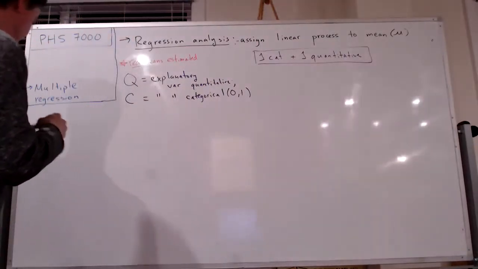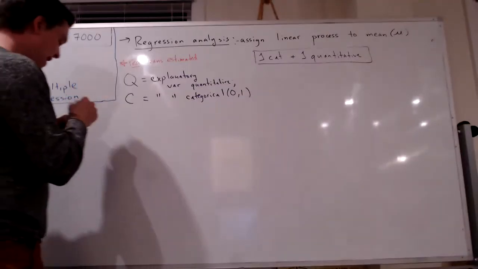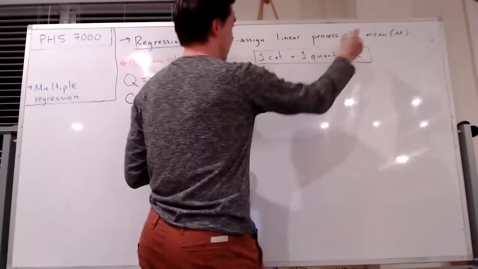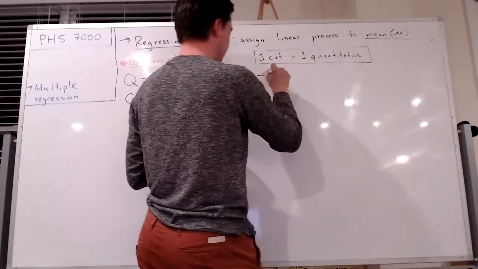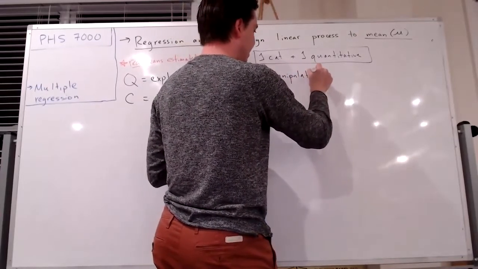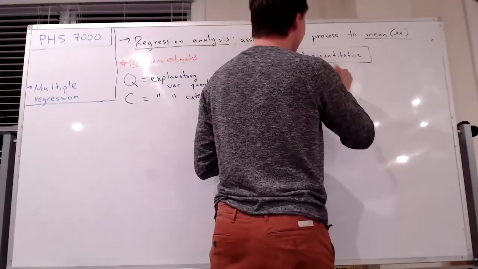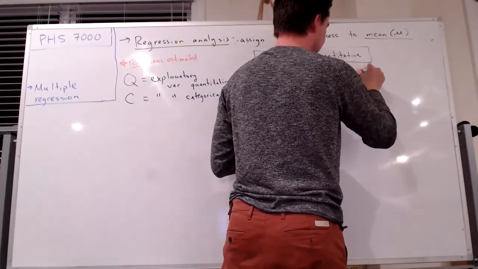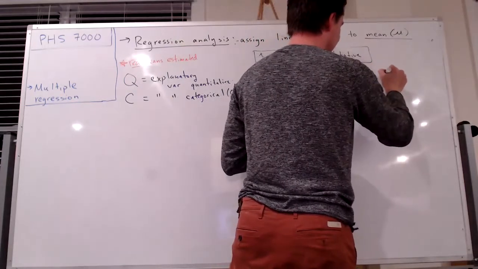We know that we're actually manipulating the mean. Manipulating, or in other words, we are parameterizing the mean.